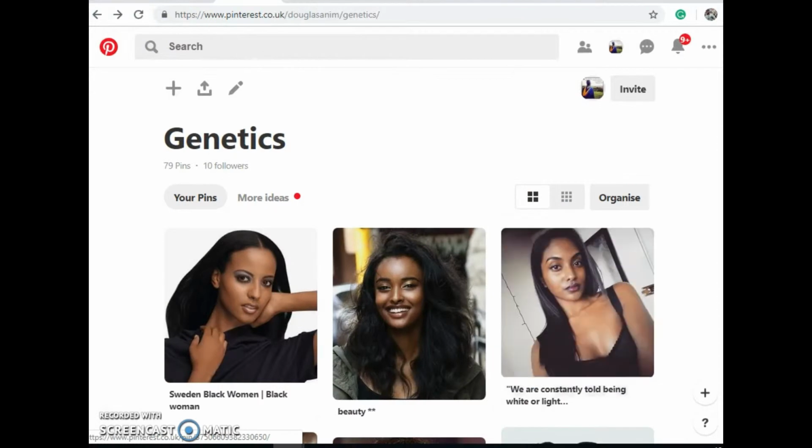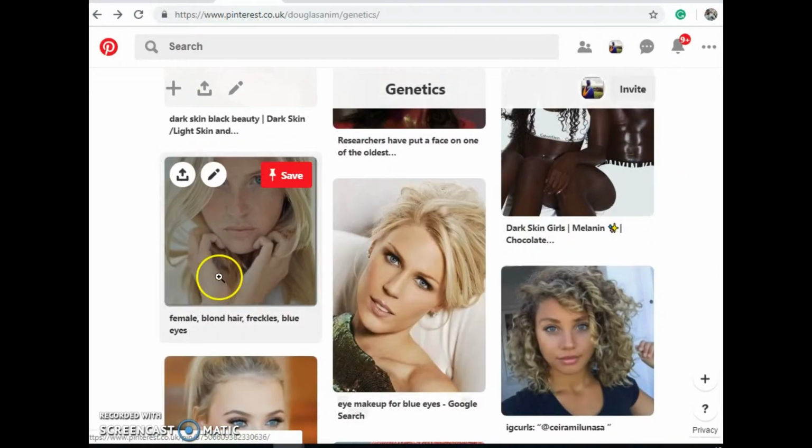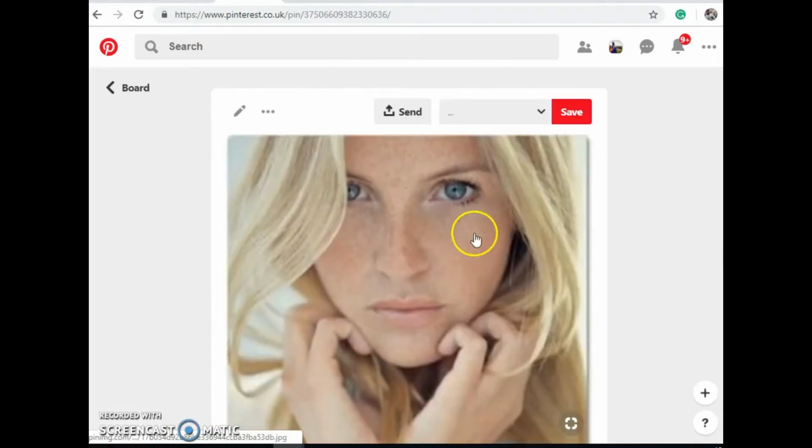Alright, as we are on the blonde people, we've got a young girl that has freckles. Why does she have freckles? What's going on here? The freckles on this blonde woman are basically a concentration of eumelanin.